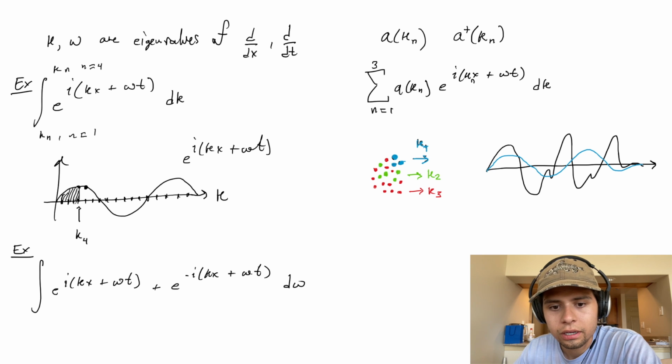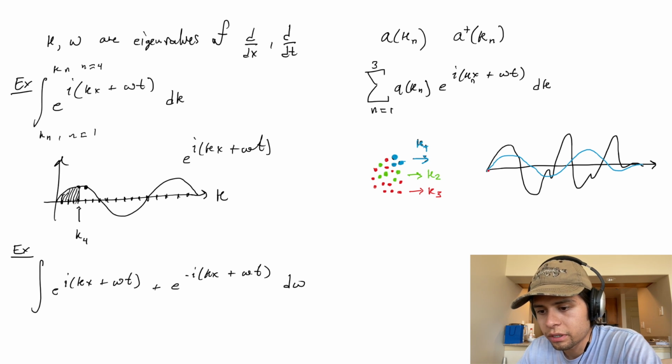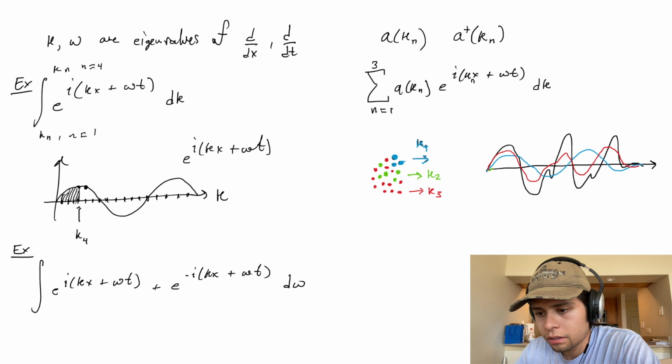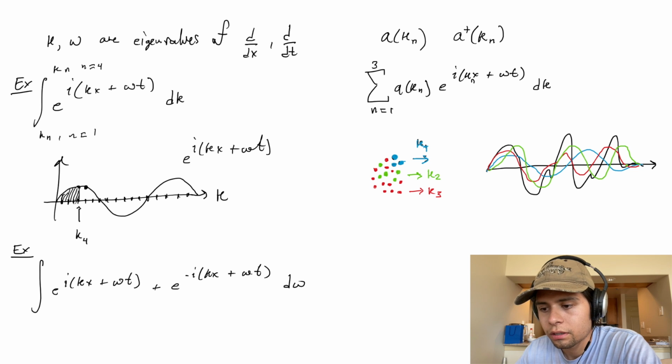And then say this is what the red one looks like, and then I need to put the green one in here too. Let's say this is what the green one looks like, something like that.